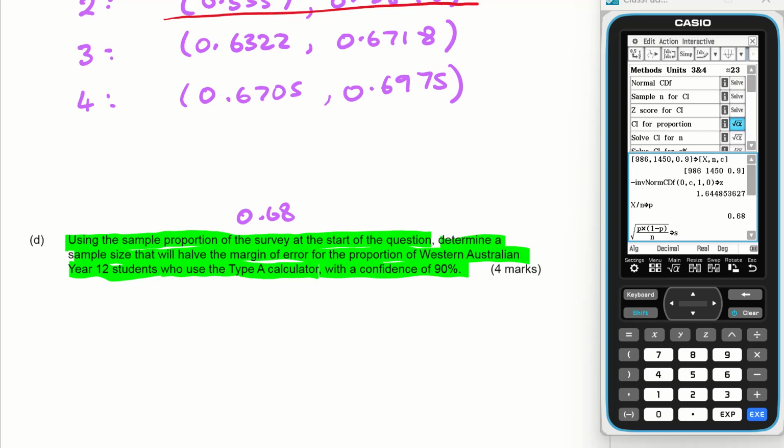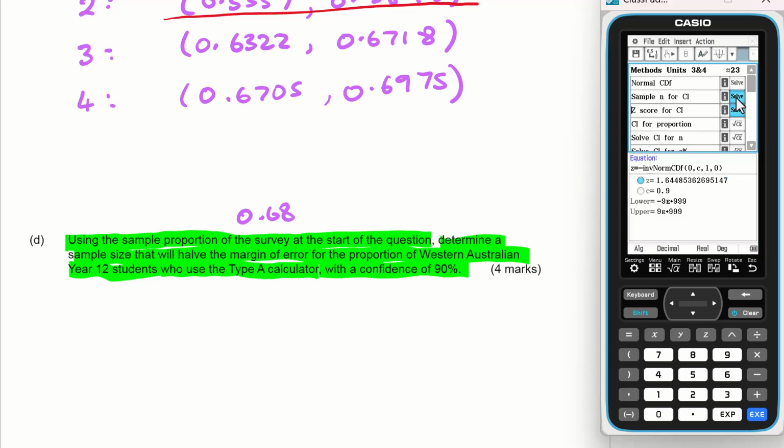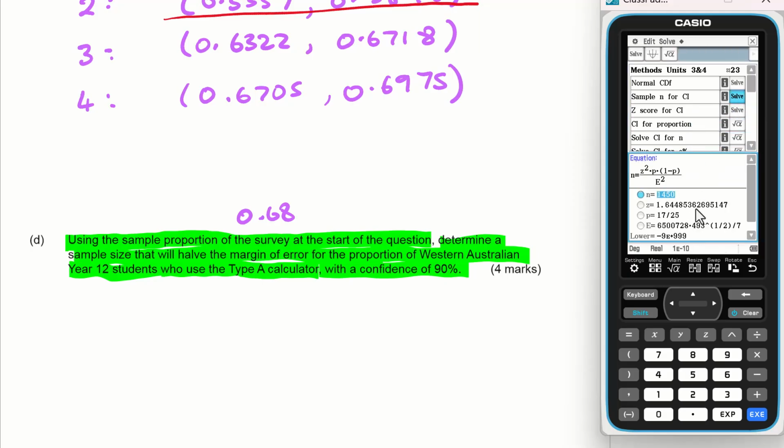So, there isn't any activity that does this for us. That is this sample n for confidence interval. Notice I've already got the Z90 value in there. I got that by doing Z for CI and putting 0.9 in there, and it automatically transfers it into this one.